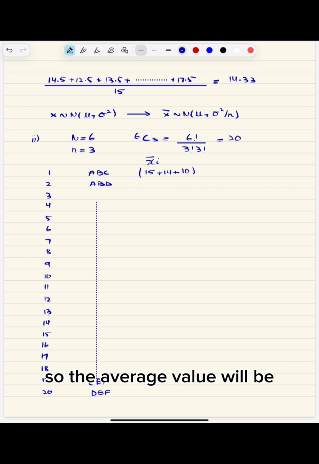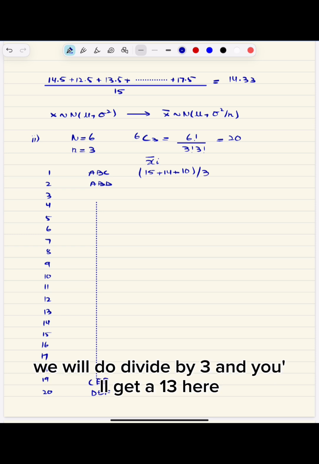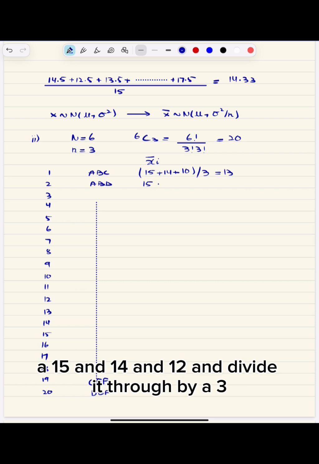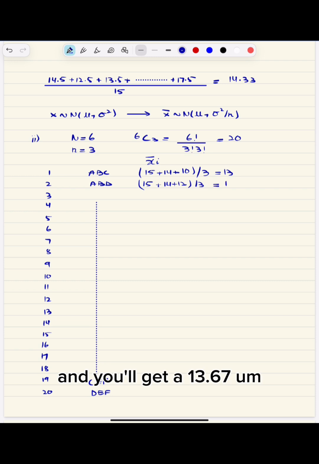So the average value will be, we're going to divide by 3 and you'll get a 13 here. Similarly, we'll add 15 and 14 and 12 and divide it by 3 and you'll get 13.67.